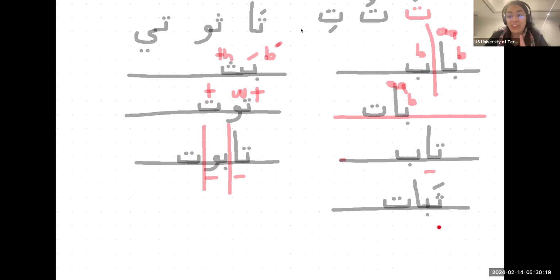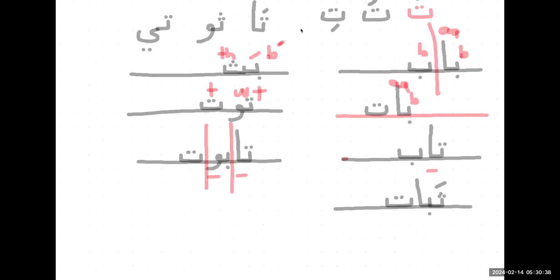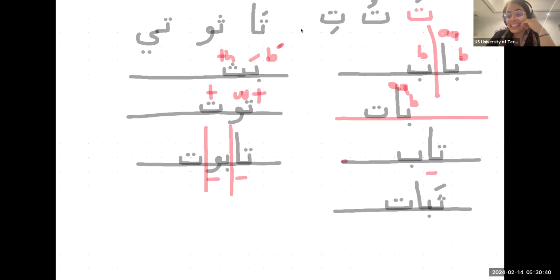It's a sa. Exactly. Tha. And the second one is ba. Is it ba or baa? It's baa. It's a long vowel. And the third one is ta. Exactly.